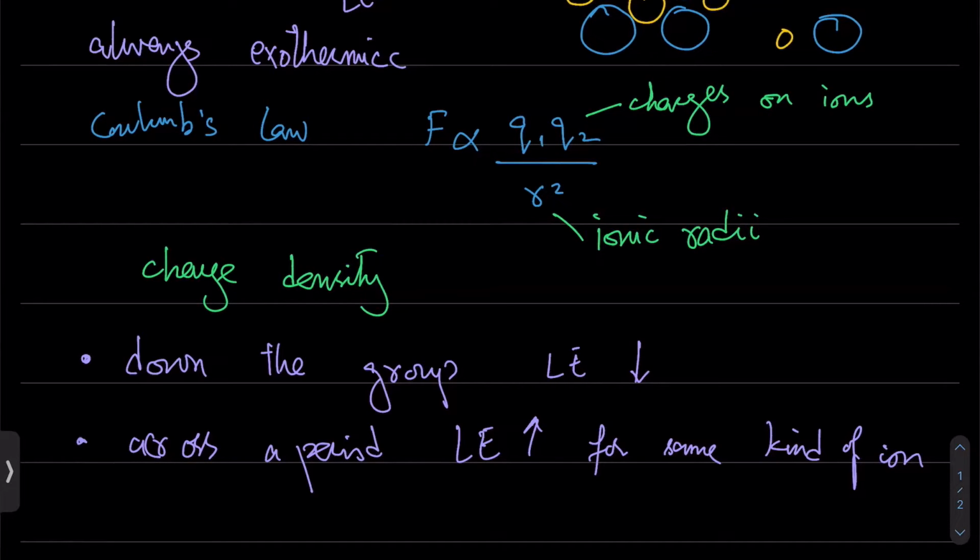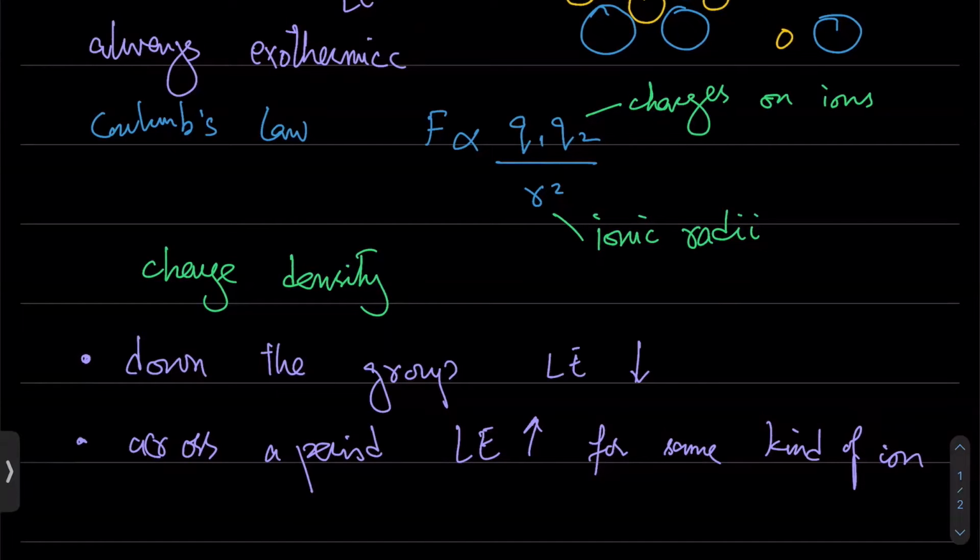Similarly, if you talk about the negative ions, then starting from group 4 or 14, moving on to group 7 or 17, you can clearly see that the charge density will vary based on two things. The charge will start to decrease because group 4 will have a -4 charge, group 5 will have -3, group 6 -2.